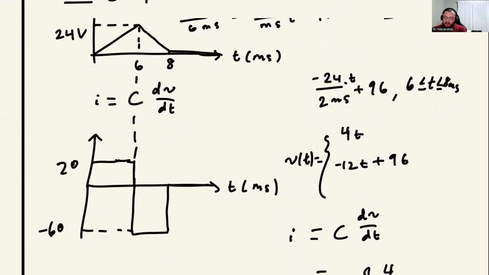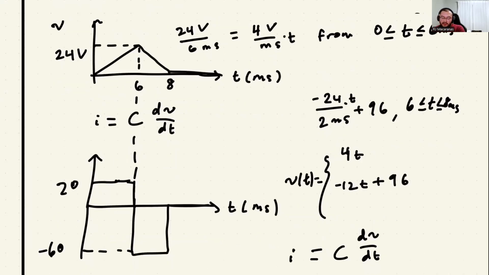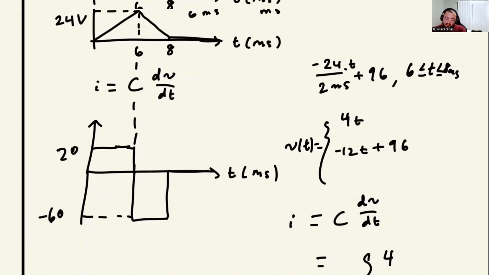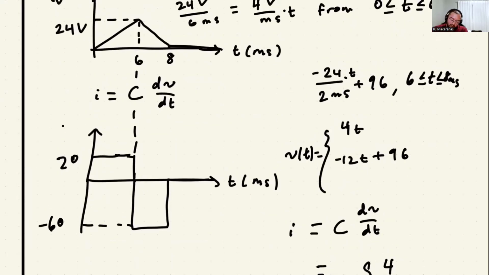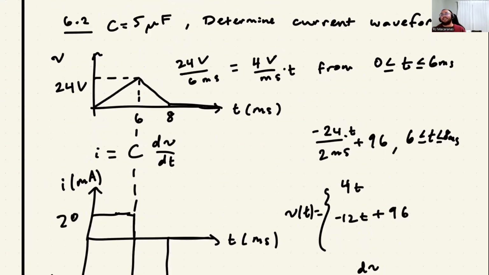Sorry that was a mess, but basically all you do is figure out equations for the voltage, and in this case it's a piecewise function, right? So we need to break it up into our two intervals, and then you take the derivative of your voltage and multiply that by the capacitance to get your current waveform here, which is in milliamps. All right. Any questions on that? That was not the greatest presentation. I apologize.